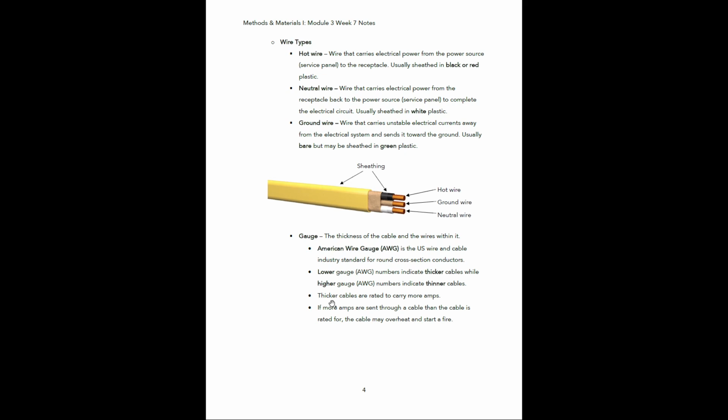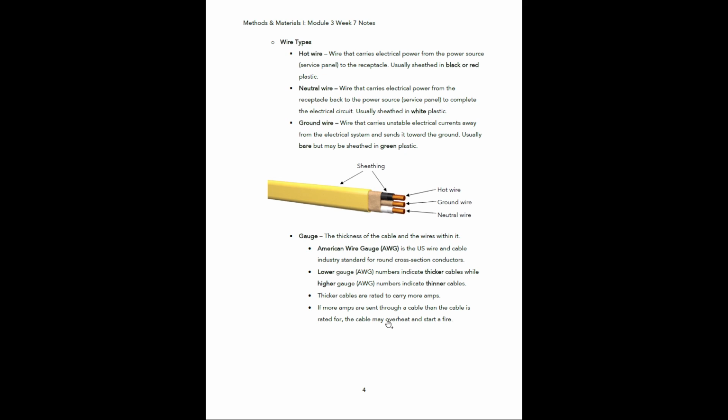Thicker cables are rated to carry more amps. All right, so we're going to have different applications in our building, different appliances that need different amounts of energy carried to them. Let's say you have an appliance like a stove.